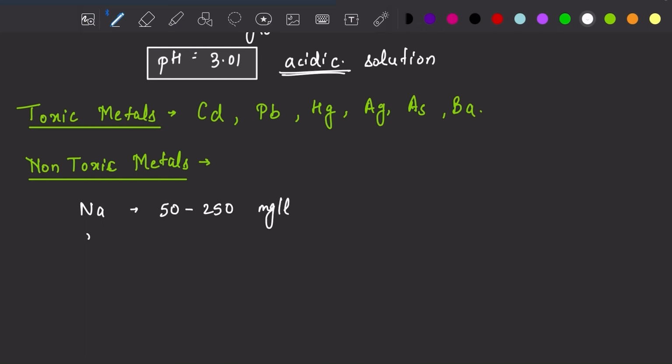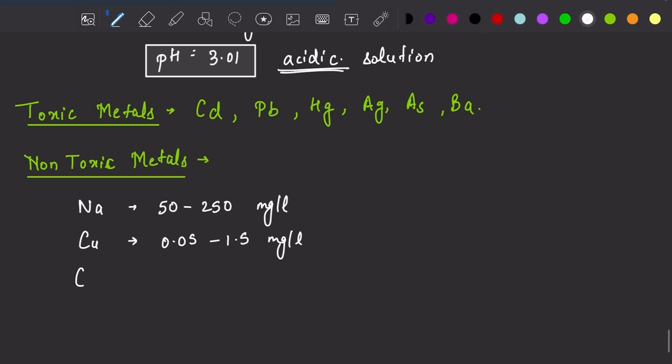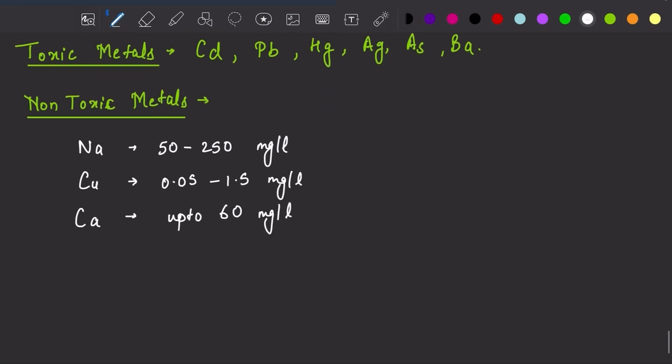And we have copper. Copper is also permissible, it is also non-toxic, so 0.05 to 1.5 milligram per liter. Calcium, Ca, is also non-toxic and up to 60 milligram per liter is permissible. Zinc is also okay, it is also non-toxic and 5 to 15 milligram per liter is good.